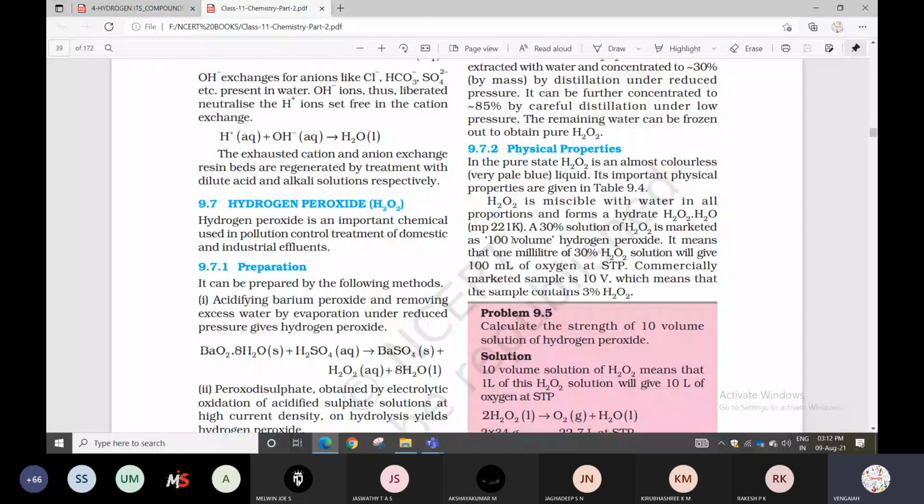It means 1 milliliter of 30% H2O2 solution will give 100 ml of oxygen at STP. A commercially marketed sample is given as 10 volume, which means the sample contains only 3% of H2O2. They provide 10 volume, 20 volume, 30 volume like that. 100 volume is nothing but 1 milliliter of 30% H2O2.